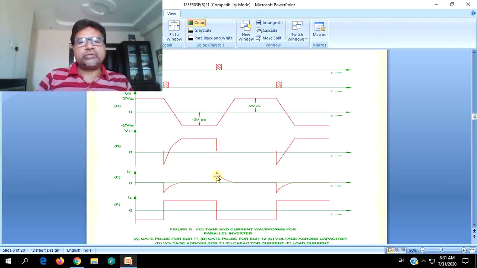Due to this current, SCR T2 will get a reverse biased voltage and it will be turned off. Now the voltage becomes reverse and the capacitor voltage becomes the same as in the first direction. It will be charged up to 2 VDC, and the load current becomes reversed. That is how we will be getting a square voltage.